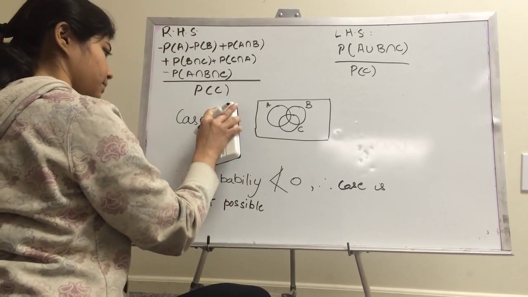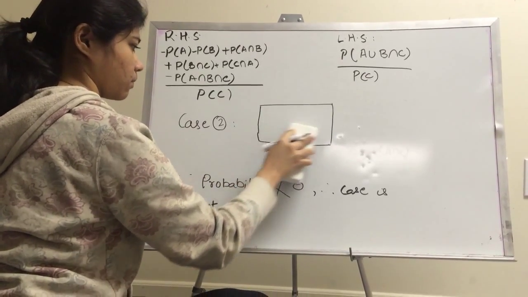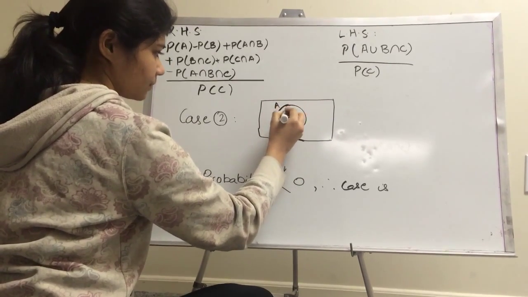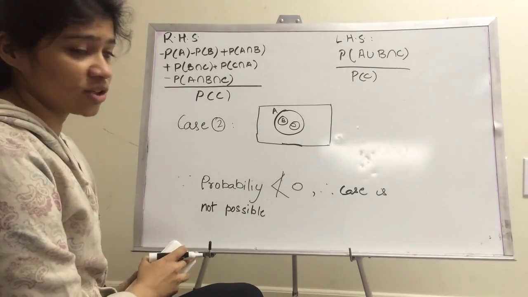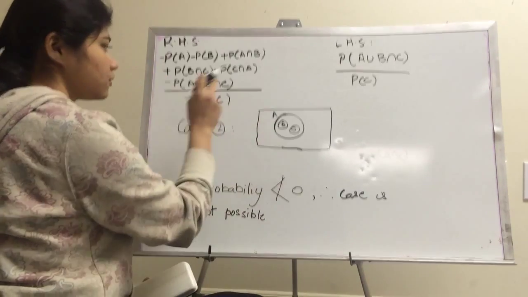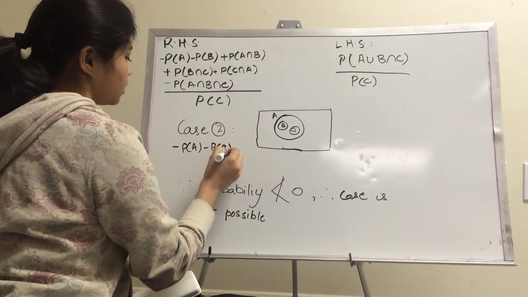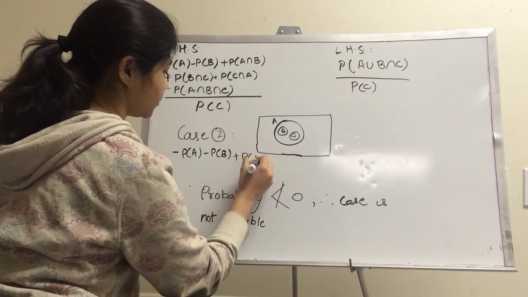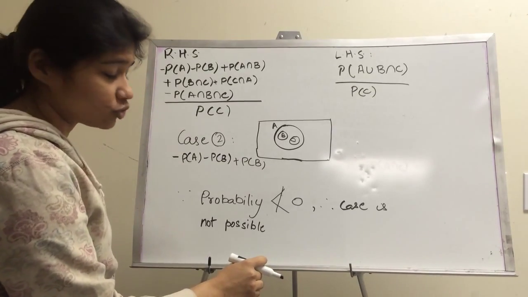Now my second case is that I'm assuming that B and C are two mutually exclusive sets which are subsets of set A. Now using this Venn diagram, when I solve the right hand side, I find minus the probability of A minus probability of B. Now since B is a subset of A, the probability of A intersection B gives us probability of B. Plus, probability of B intersection C is equal to 0, as B and C are mutually exclusive sets.